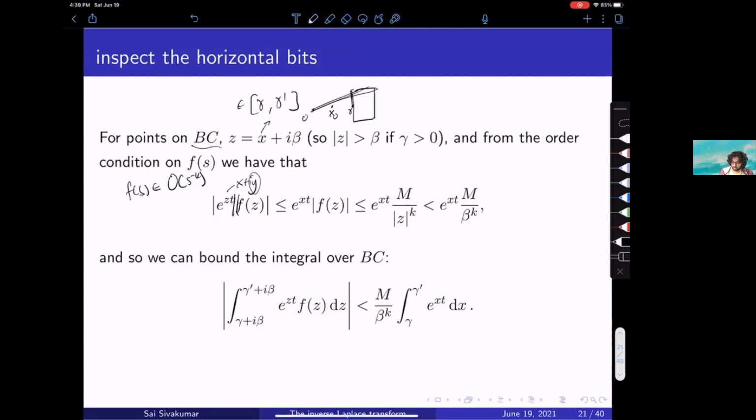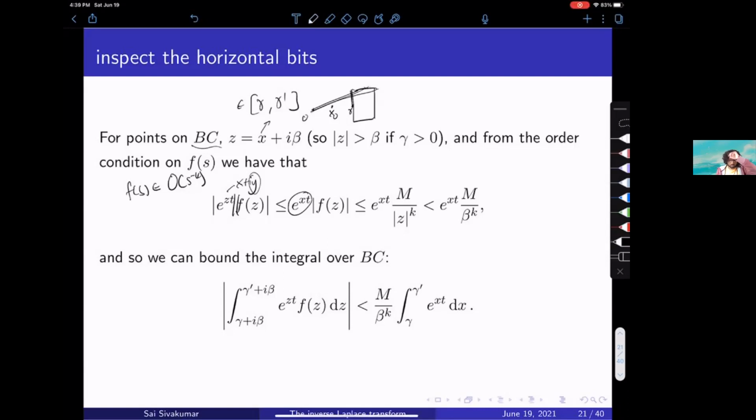It's just going to be 1 on the unit circle. So the part that does come out is the e to the xt. And then we want to find the maximum of f of z. That'll just be some M, for M being some maximum value on the contour on the horizontal bit. Whatever it is, it doesn't really matter, it's just finite. And then we divide by the absolute value of z to the k due to this order condition.